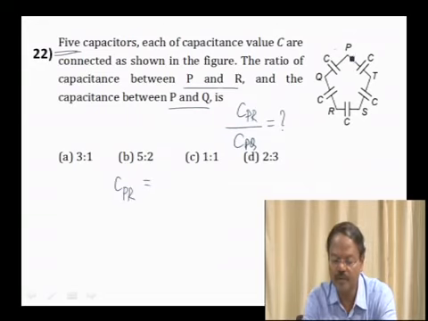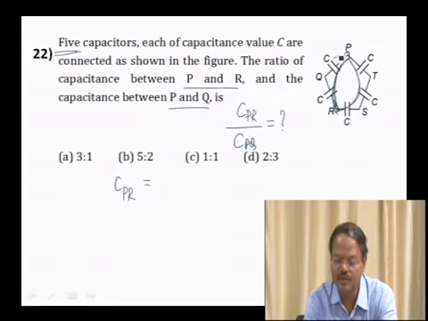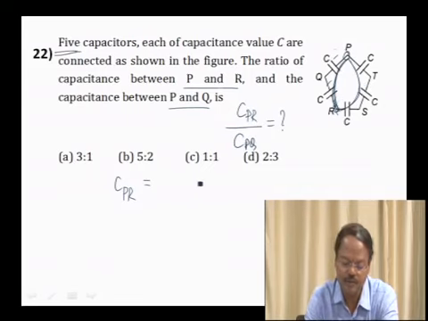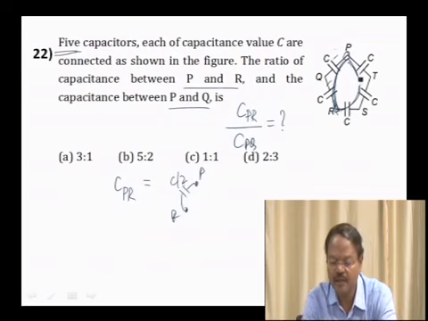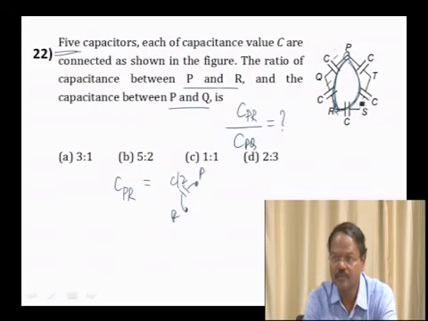So between P and R, you have one branch here, another branch here. First you have to simplify whatever is there in the branches. So in this branch, 2 of them are in series, so that it becomes half of C. So if you consider P here, R here, in this branch it becomes C by 2, and here 3 are in series, and therefore it becomes C by 3.